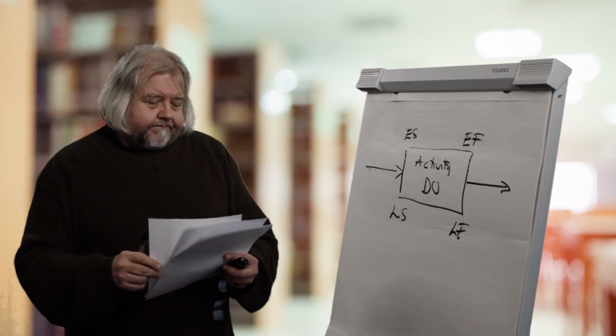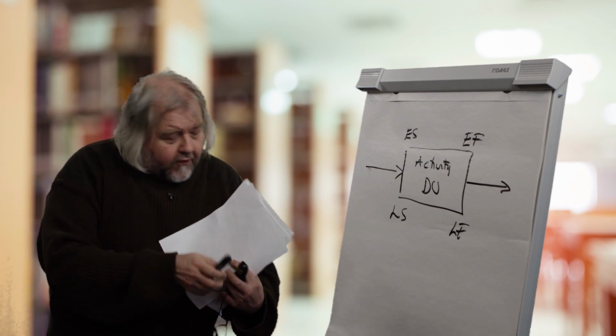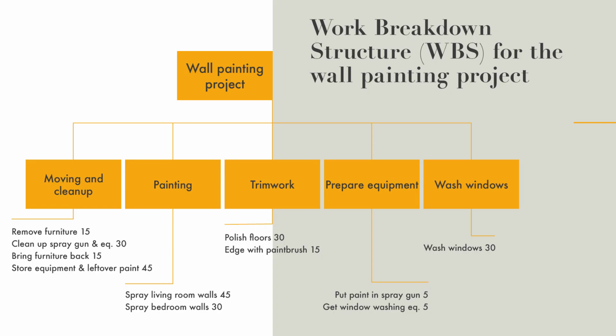Okay, now in this following picture, we have a work breakdown structure of a house painting or wall painting project. So in this picture, we can see that we are going to paint the living room and bedroom walls.